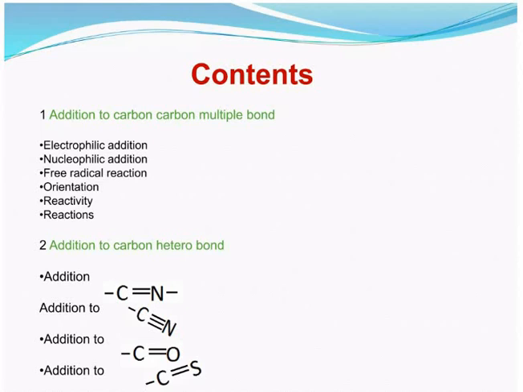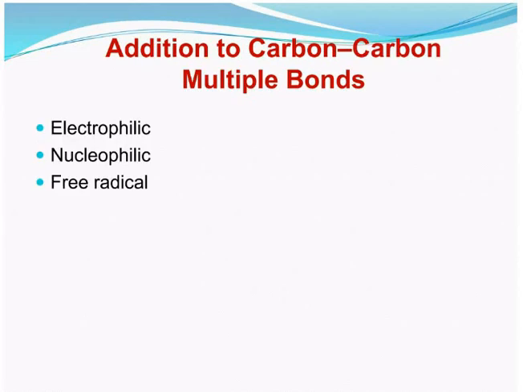So the first topic I will cover is addition to carbon-carbon multiple bond. Then I will discuss addition to carbon hetero bonds. Now, addition to carbon-carbon multiple bonds: electrophilic, nucleophilic, free radical.